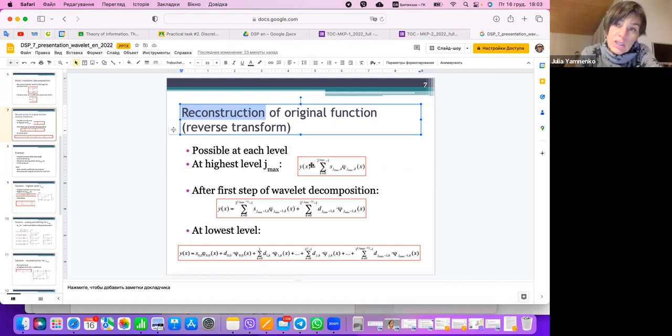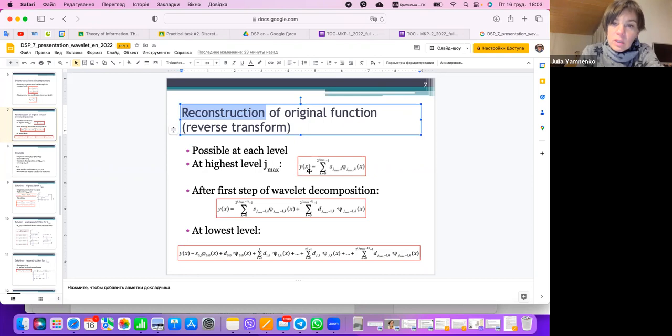So if we just stopped after one level of decomposition, so we are at the highest level, and we calculated for this highest level only S coefficients, then we can use these coefficients to reconstruct the original function.